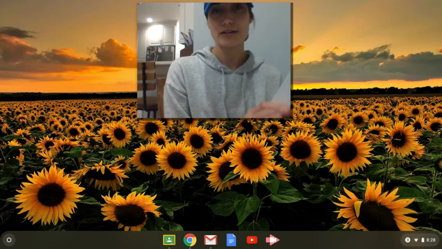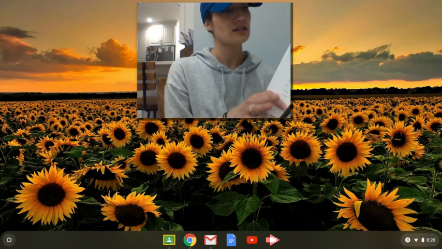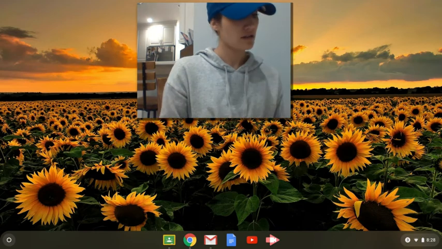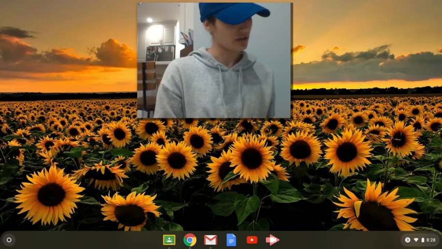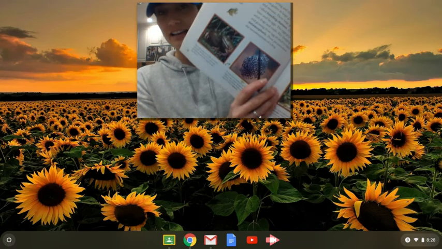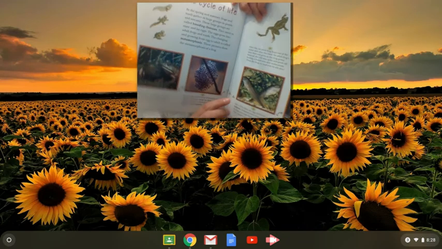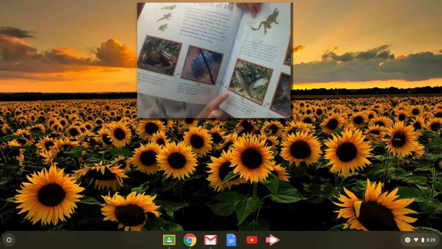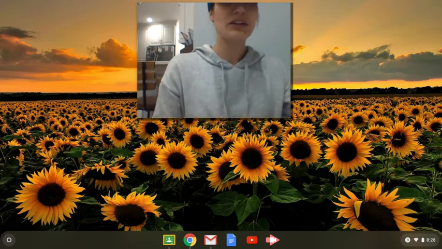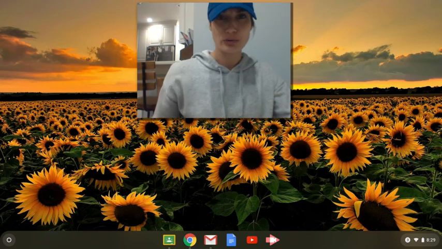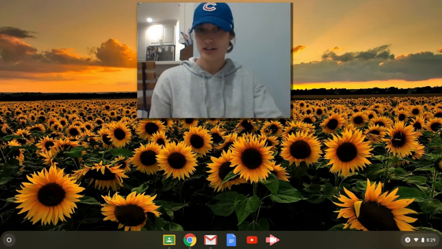So I'm going to look there to page 14 to see if it follows the sequential text structure. And I'm already kind of starting to see that because look, I'm starting to see steps. It's a little hard for you to see, but it says 1, 2, 3. So let me read about it and then try and take my notes in that order. It'll probably help me better understand.